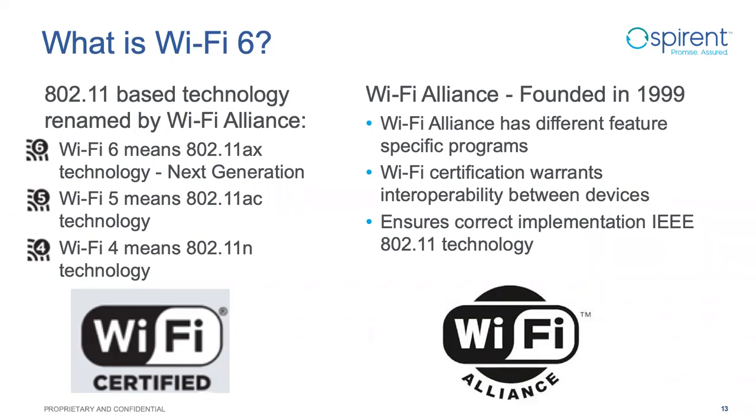Wi-Fi 5 is 802.11ac. This is what you probably have at home. Most of your home routers will be AC. Wi-Fi 4, 802.11n, that's some older technology that you have. And again, there's some information here about the Wi-Fi Alliance. It was founded in '99, and they're really focused on certifying interoperability between devices, feature specifications, that sort of thing.